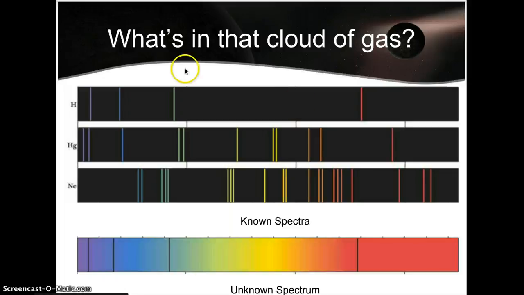So if we do an example here, if we want to find out what's in that cloud of gas that it passed through, we can look at hydrogen, which looks like this, mercury, neon. This is the unknown spectrum here. We know that it's passed through a cloud of gas, but we don't know what was in that cloud of gas. We can determine that if we match this up with the most closely matching spectra. We would say that that cloud of gas is made of hydrogen, because it matches this one most closely.